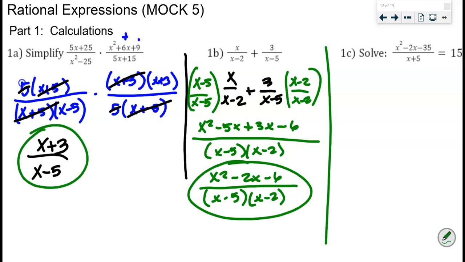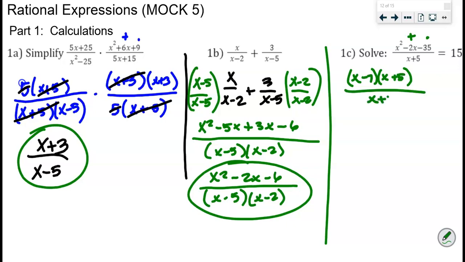All right, this last one again. So this time we're solving, right? Okay, so there's a couple ways we could solve here. We could give this a common denominator, but before I do that, I want to factor the numerator just to see if I can simplify something, okay? So let's go ahead and do this. What are the factors of 35 that add up to be -2? That would be -7 and plus 5, wouldn't it, y'all?